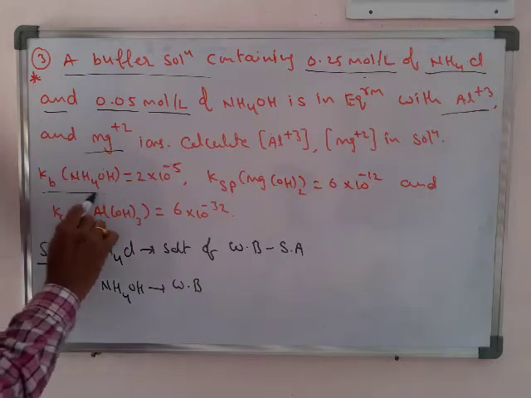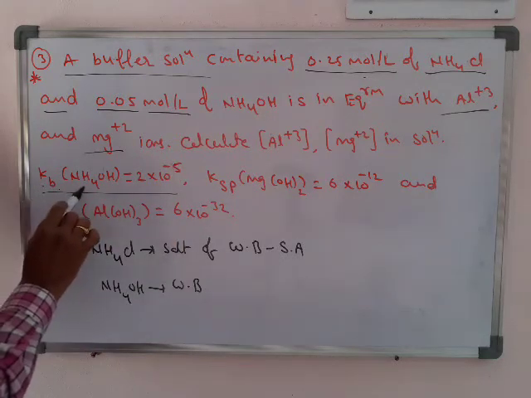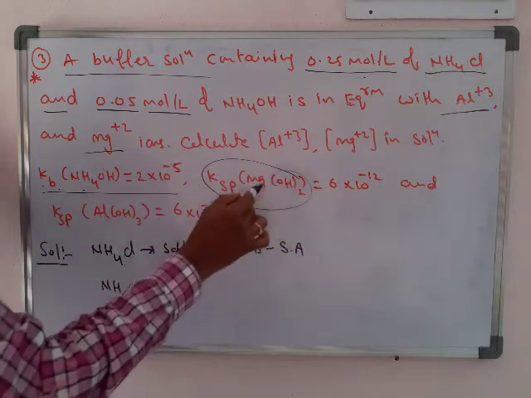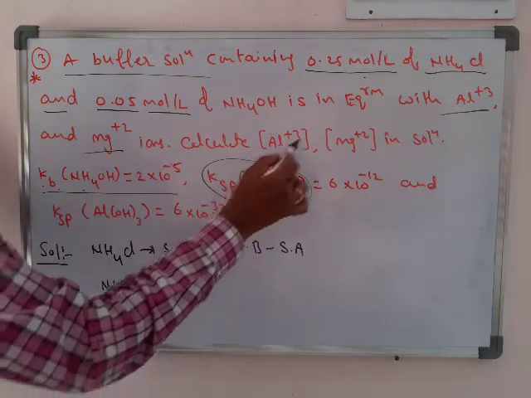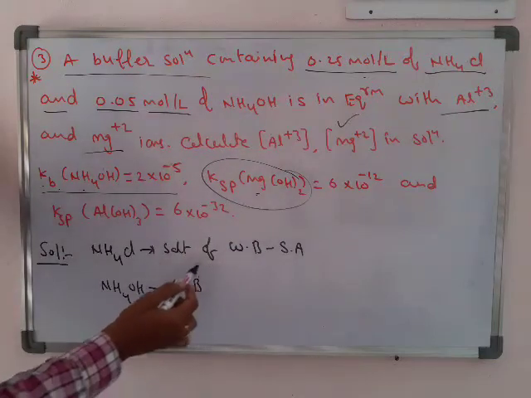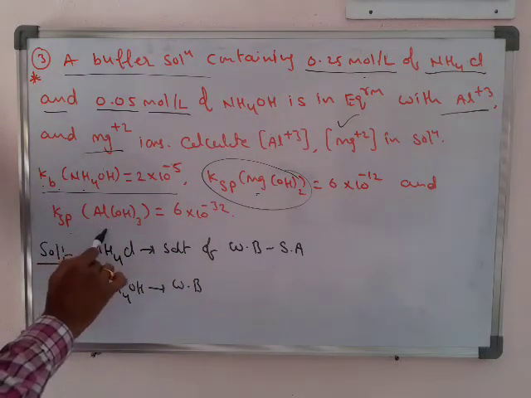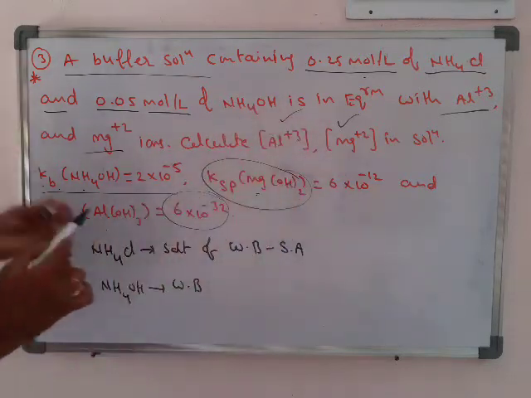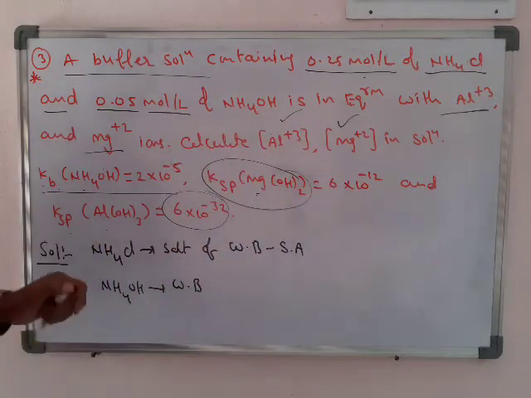The base dissociation constant for the weak base is given. Ksp of magnesium hydroxide will be useful in the calculation of Mg plus 2, and Ksp of aluminium hydroxide is useful in the calculation of Al plus 3 concentration in the solution.